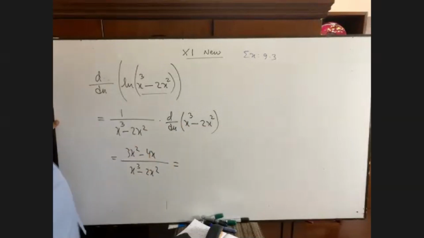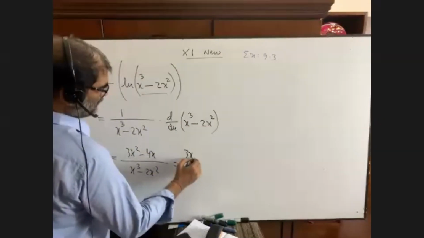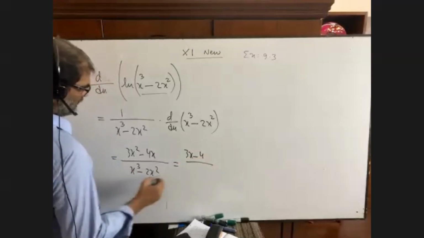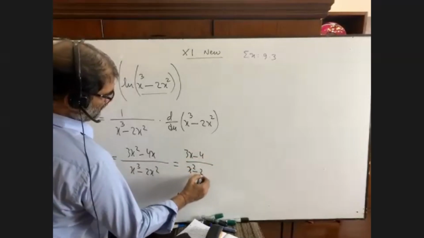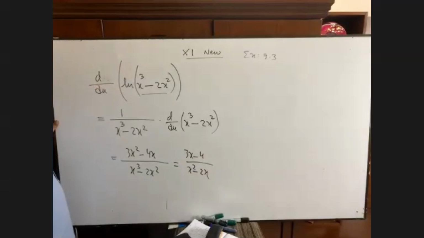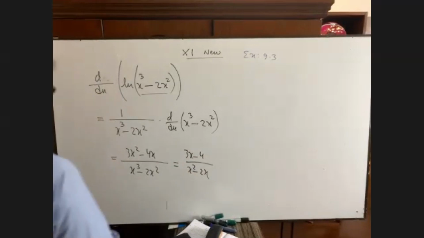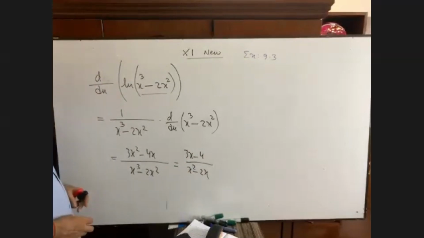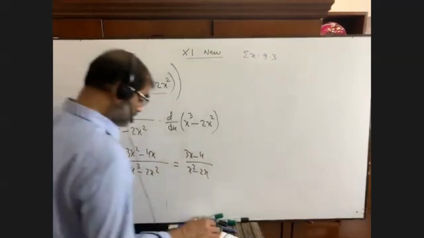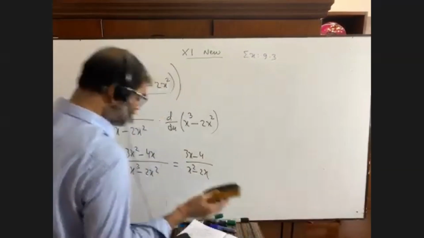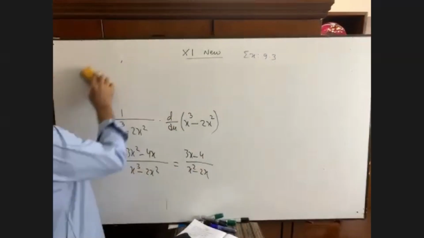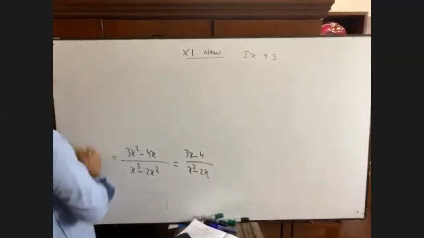We can omit x, and we are left with 3x minus 4 by x square minus 2x. Our math is done, since from both the numerator and denominator we have taken x common, or divided by x. It is very easy and simple, but now the math I'm going to do is important.